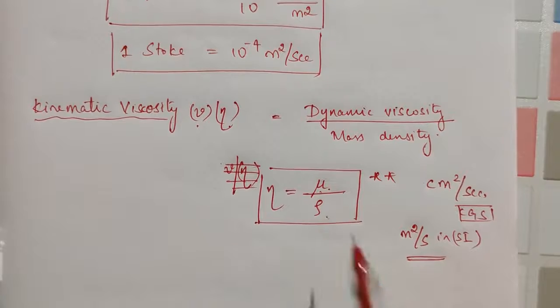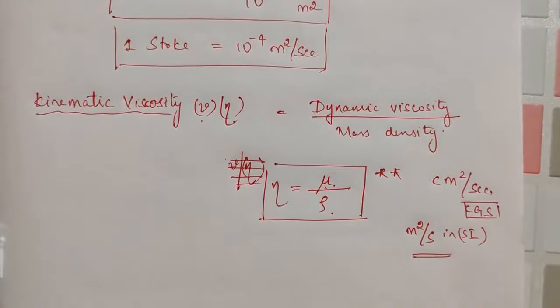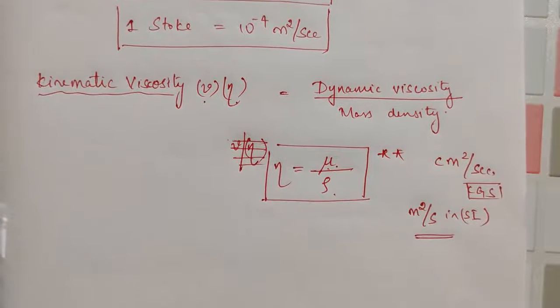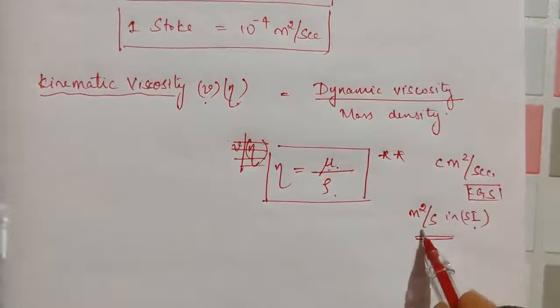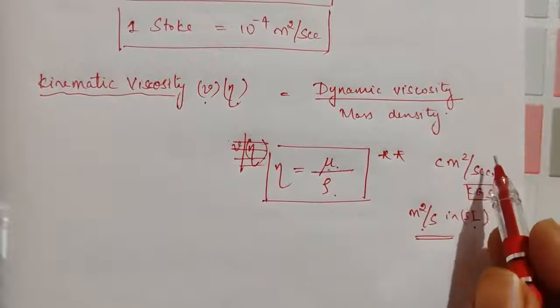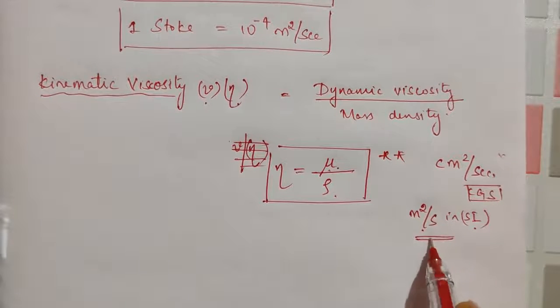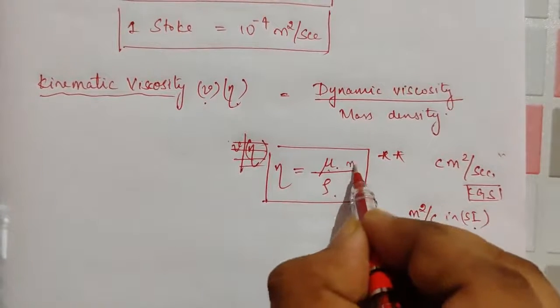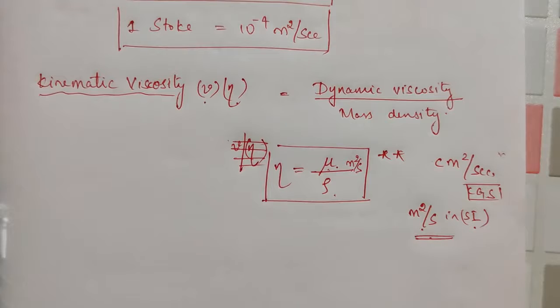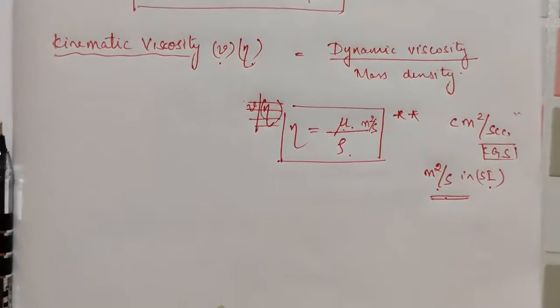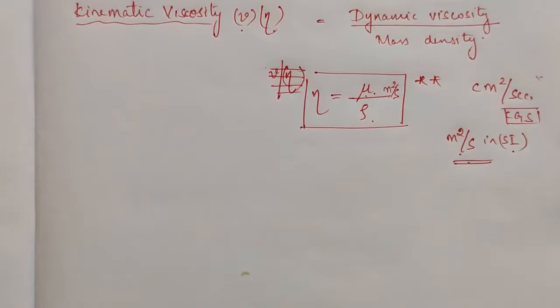So right now this is enough. For SI unit it is meter square per second. CGS is not so important to us, so remember meter square per second only. Okay, so I'll go to one of the problems now.